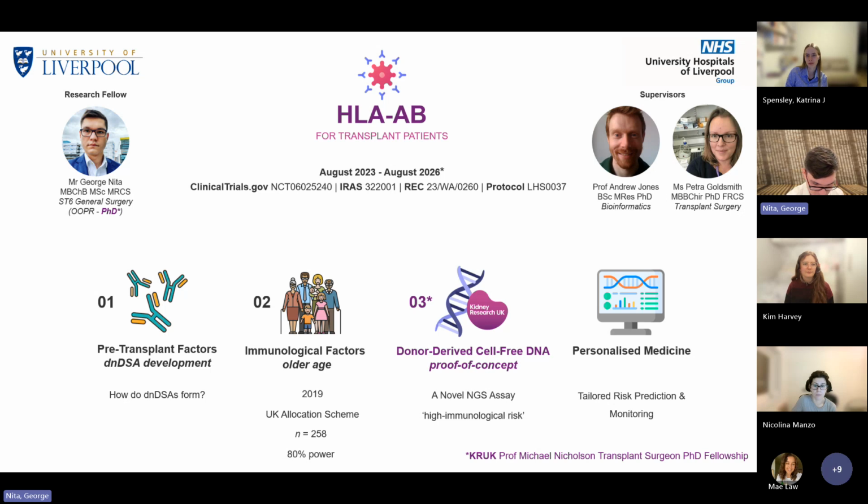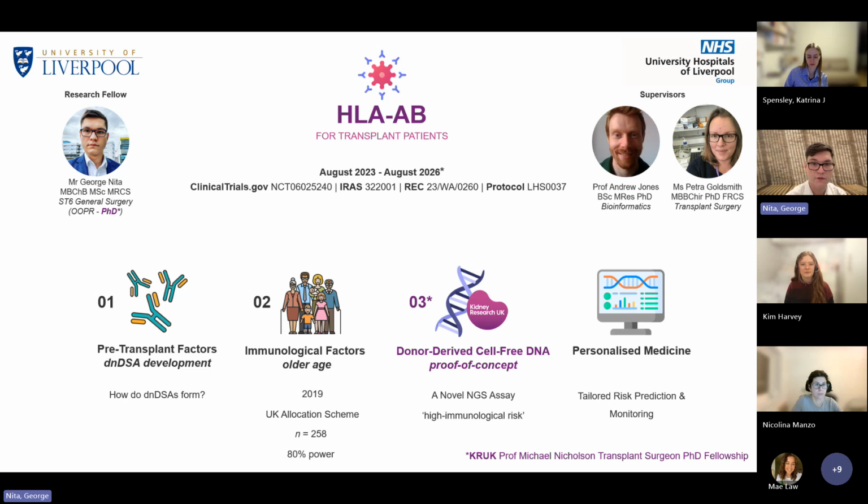So we've done a patient public involvement survey that was in August 23 when I started my research, and about 91% of those of you who responded said, George, if you're going to do something, look at something that looks at rejection, how to make these kidneys last longer. So we've come up with the HLA-AB study, which has got 3 arms.